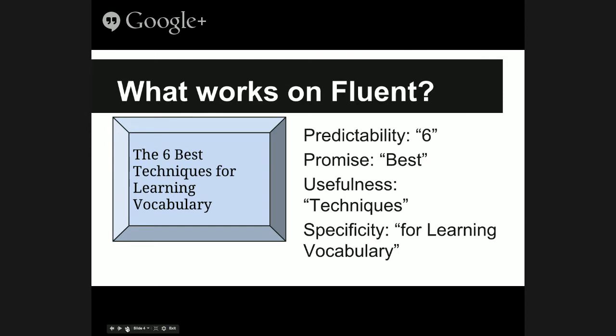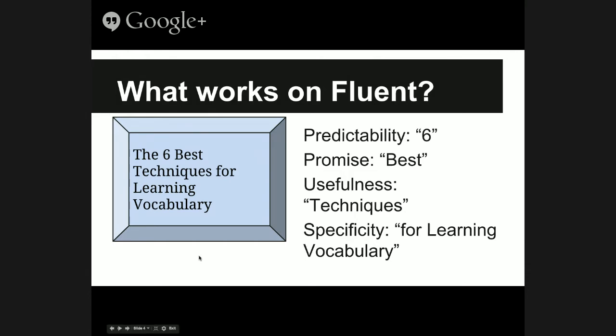So if it's the best something that they really don't care about, the best rooms in London, it's going to be not as interesting to a lot of people. So think about why your article is useful. And what I'm promising here is not just the best something, but the best techniques. And techniques are relevant and interesting to people who are struggling with the vocabulary learning aspect. So techniques are useful, techniques are desirable, and techniques are what people want to see.